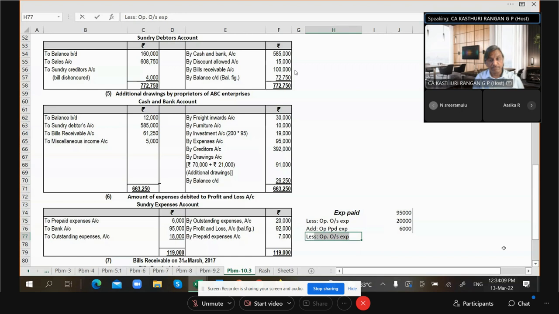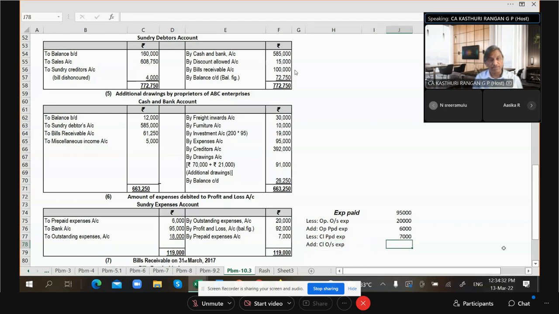Less closing prepaid expense. How much? Closing prepaid is 7,000. Add closing outstanding expense.